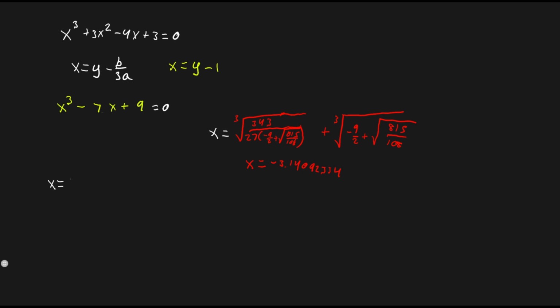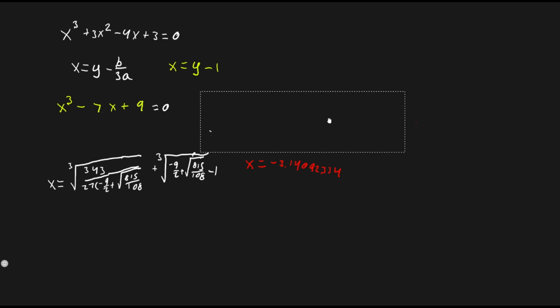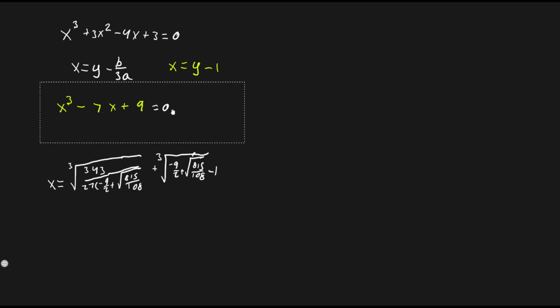And we're going to get x is equal to the cube root of 343 divided by 27 times negative 9 over 2 plus the square root of 815 divided by 108, plus the cube root of negative 9 over 2 plus the square root of 815 divided by 108, minus 1. So that is our solution to our general cubic. And we don't need the depressed solution anymore.